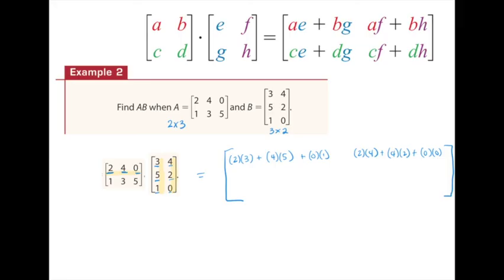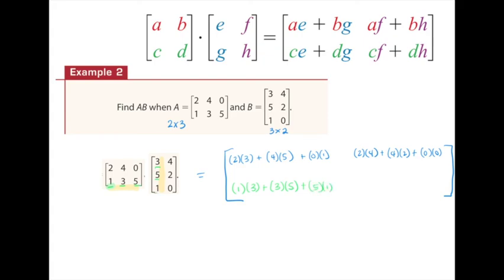So I'm going to move on to my next row. Now I'm going to take the second row, and I'm going to do the same exact thing with the first column. So I'm going to say 1 times 3 plus 3 times 5 plus 5 times 1.